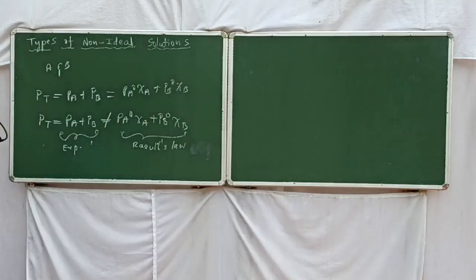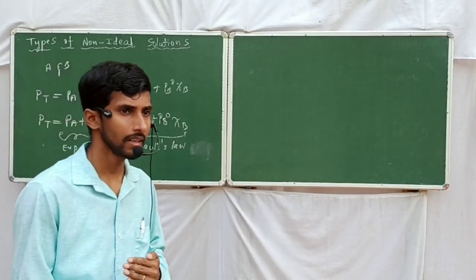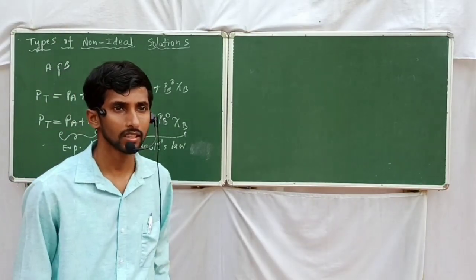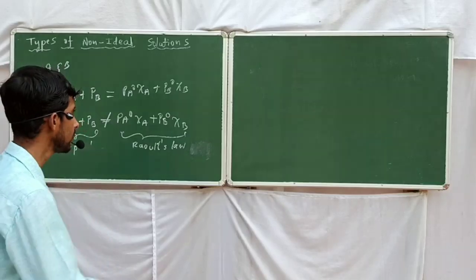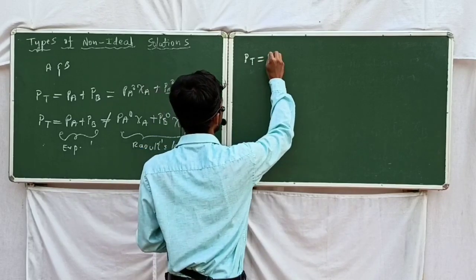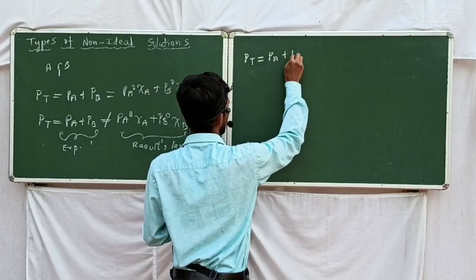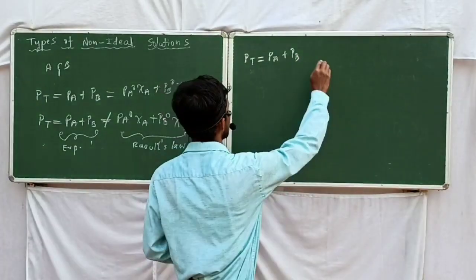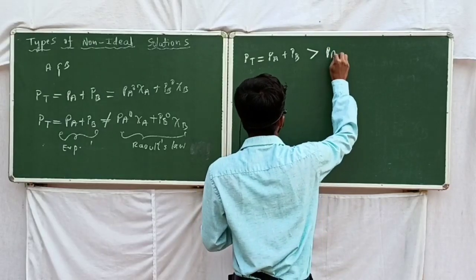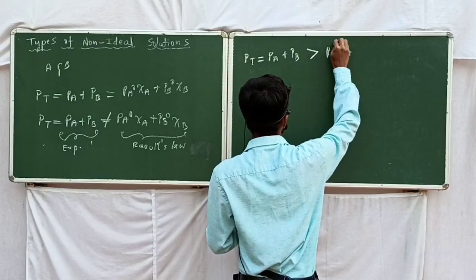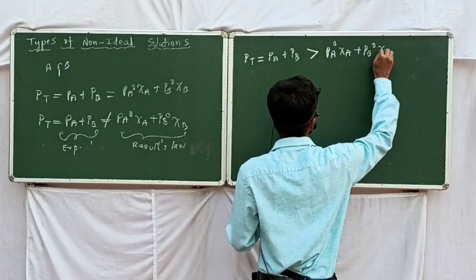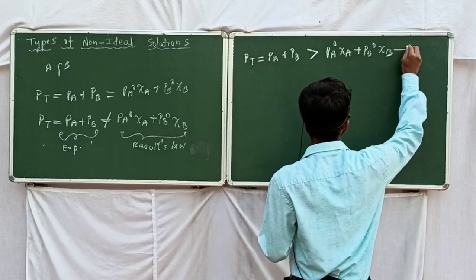So not equal means what? Either it is greater than the vapor pressure of the solution calculated by Raoult's law, or the vapor pressure of the solution is smaller than that calculated by Raoult's law. So we can write the vapor pressure of the solution, that is PA plus PB, either greater than PA naught into xi A plus PB naught into xi B. This is one condition.